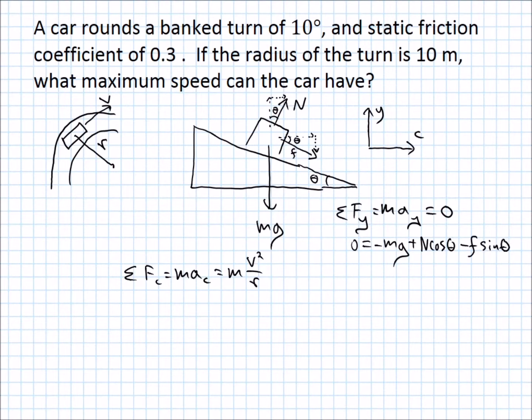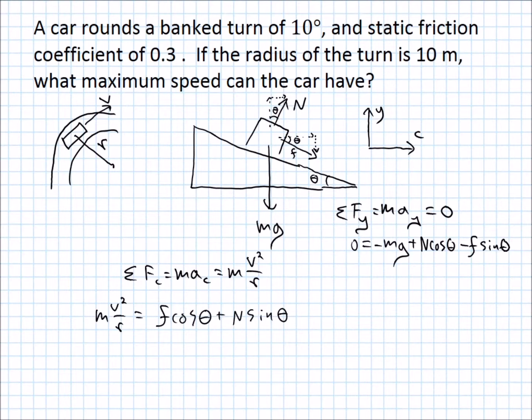Now over in the x direction, I was left off with mv squared over r, and it's equal to the friction times the cosine of theta, plus the x component of the normal force, which is n sine of theta.